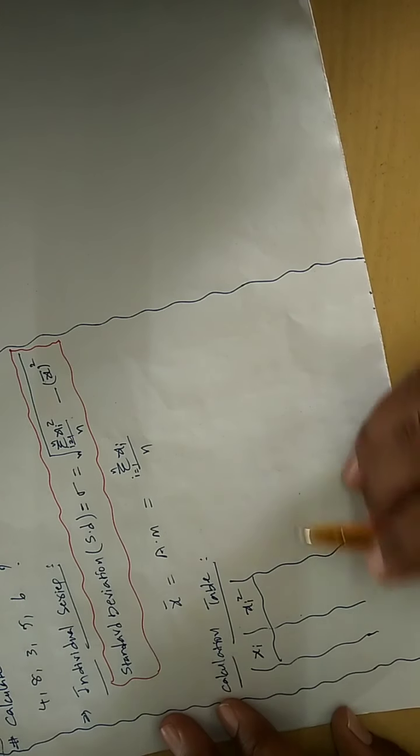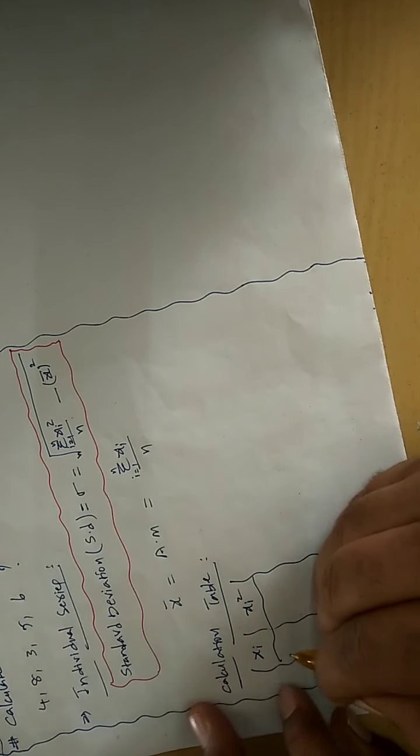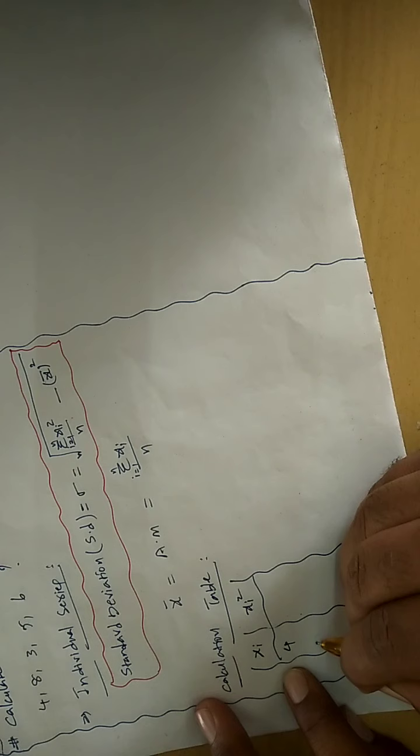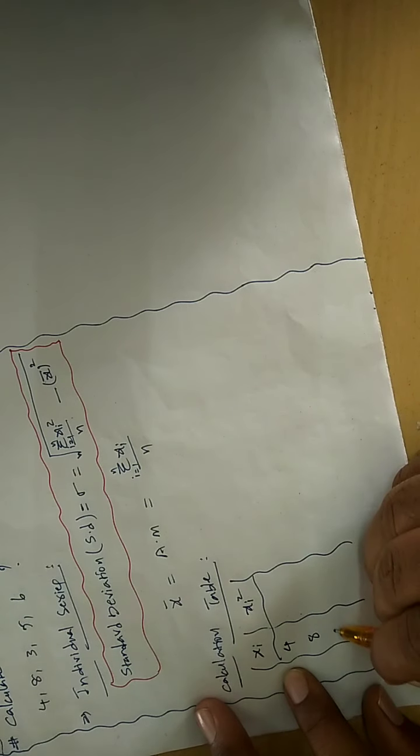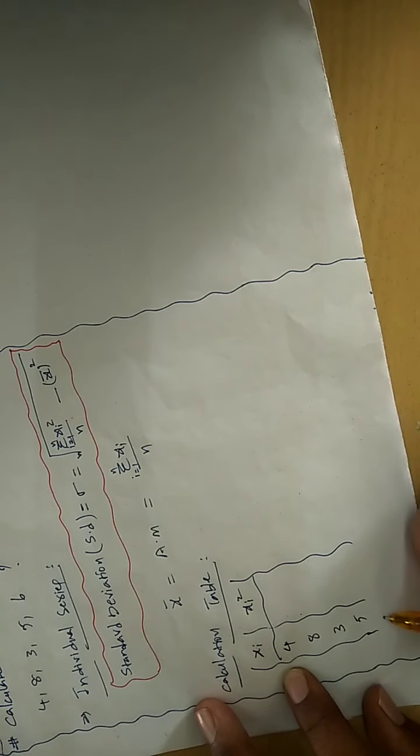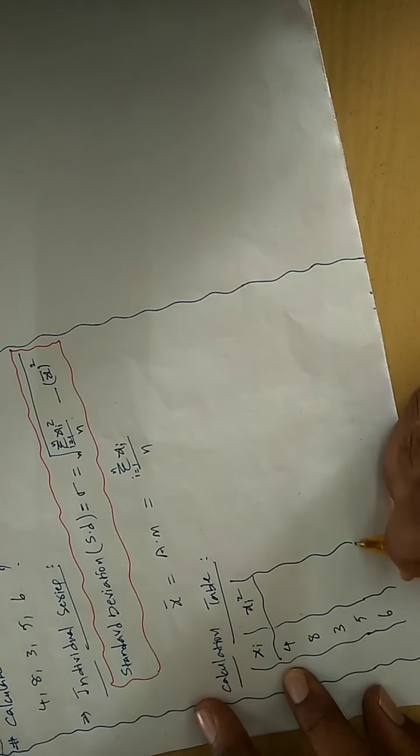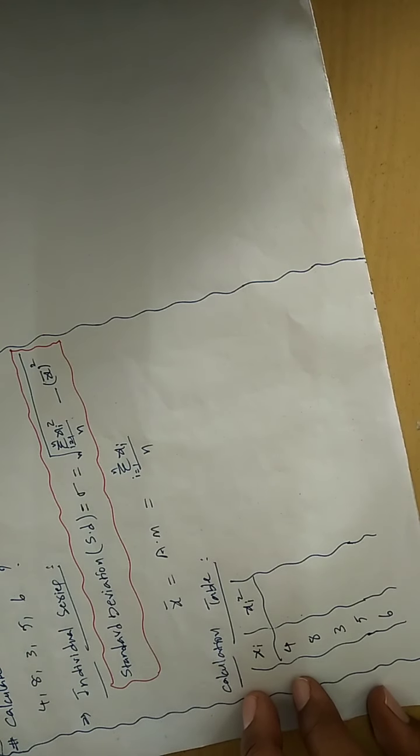Now what are the xi values given? That is 4, 8, 3, 5, 6. Now what are its squares?